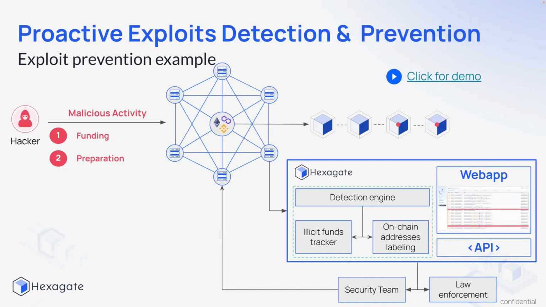Now, normally the hacker, before he attacks, starts to prepare, and that means he's potentially deploying exploiting contracts before he utilizes them in order to exploit protocols. The reason he needs contracts is because he needs to perform a lot of steps all at once.